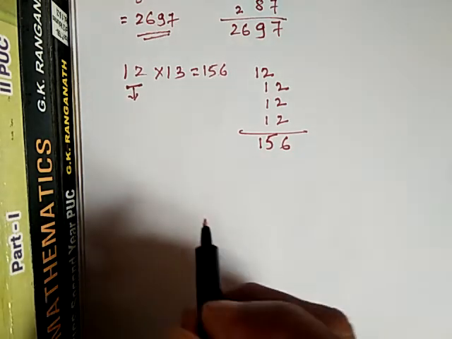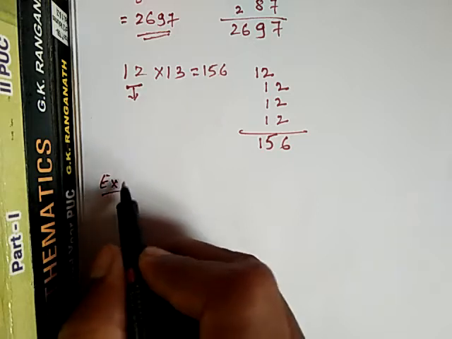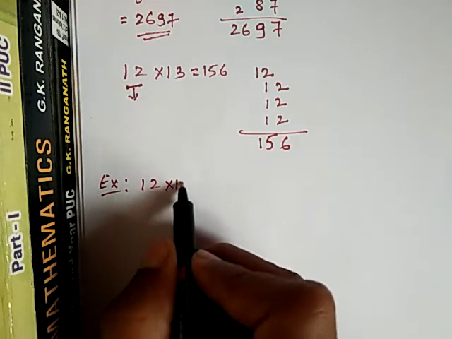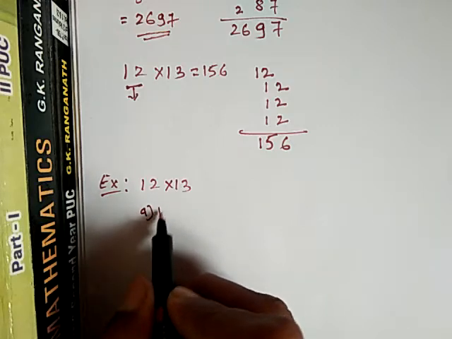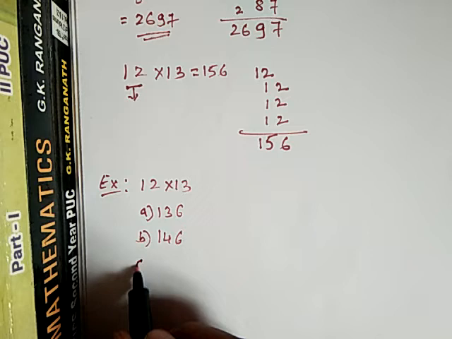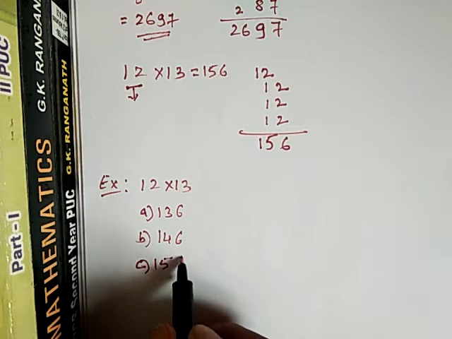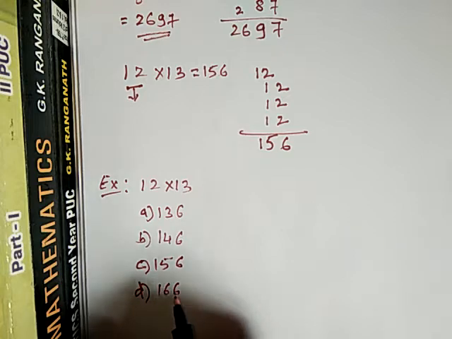Okay, so for example one example I will take here, that is 12 into 13. So in the examination the options will be there: A 136, B 146, C 156, D that is 166. So how to multiply this one?